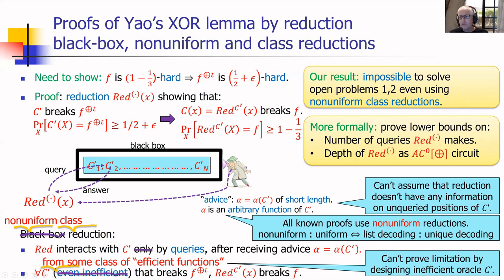And we also prove a lower bound on the circuit depth of such a reduction when viewed as an AC0 parity circuit. And this is what translates to the limitation of the second open problem. So our result is that it is impossible to solve open problems 1 and 2, even using these very strong non-uniform class reductions.